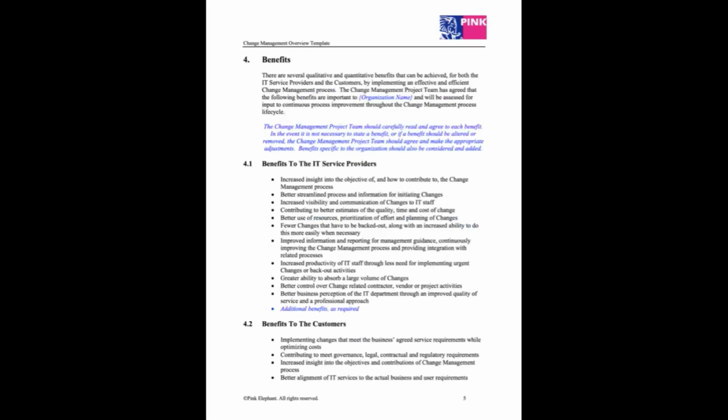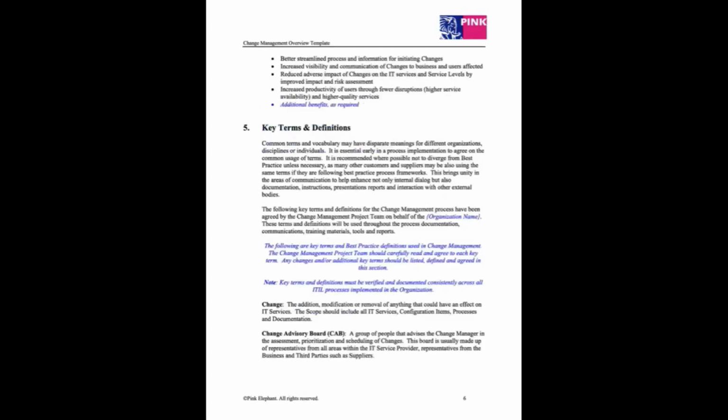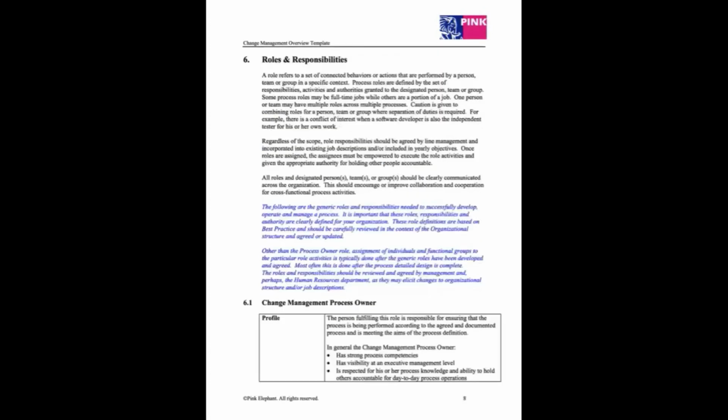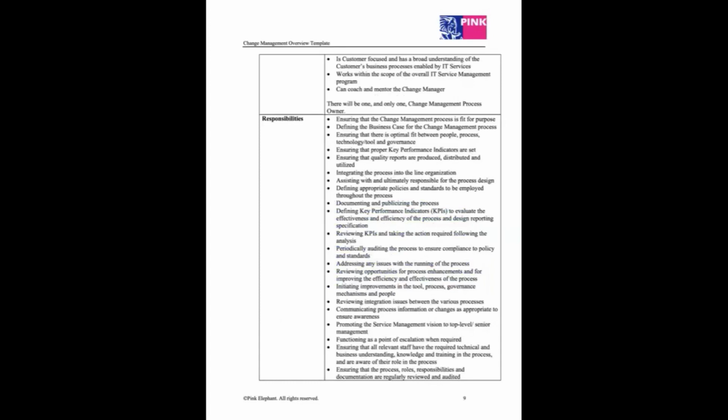Again, some generic benefits that you would need to review and modify based on the goals and objectives that you've defined. Indicated sort of the glossary of terms that are here, and then we go into roles and responsibilities. So defining the process owner, what the profile is, so what type of individual would fill this type of role.